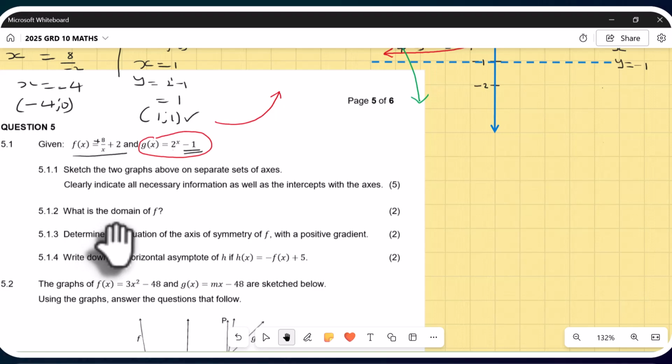So the answer is y equals positive 3. That's the horizontal asymptote. Are we together? Yes, positive 3.